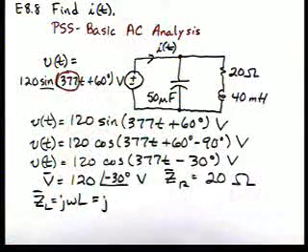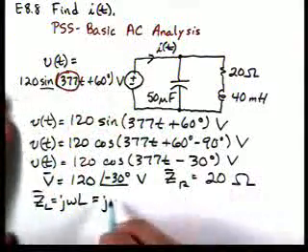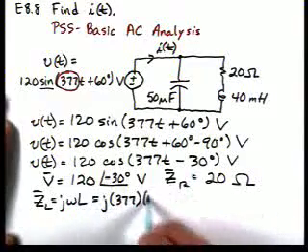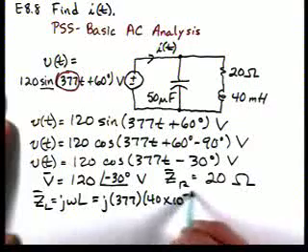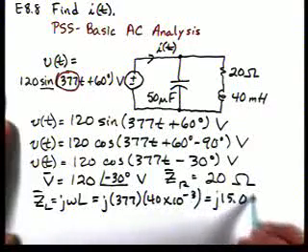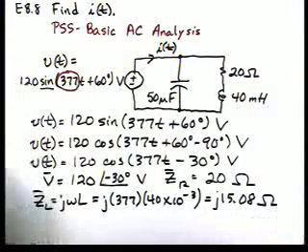Omega is equal to 377, so we have J 377 times 40 millihenries, and that's J 15.08 ohms.